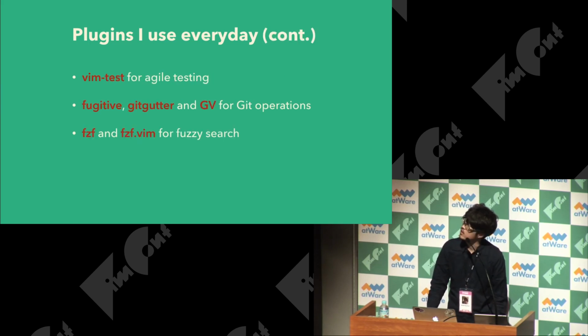And vim-test is a testing plugin for Vim, and I will show you later. And Fugitive, GitGutter, and gitv are plugins for Git. Unfortunately, Vim itself doesn't provide us a wrapper for Git, so these plugins are essential. And FZF and fzf.vim for fuzzy search, I use it quite often, almost every day.